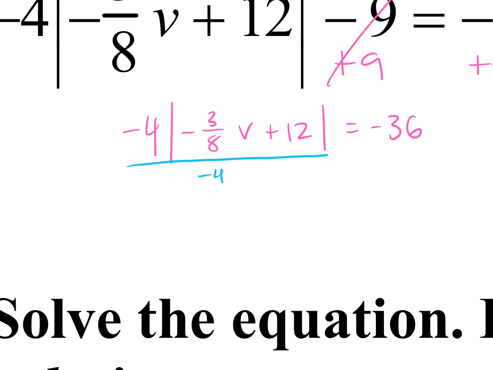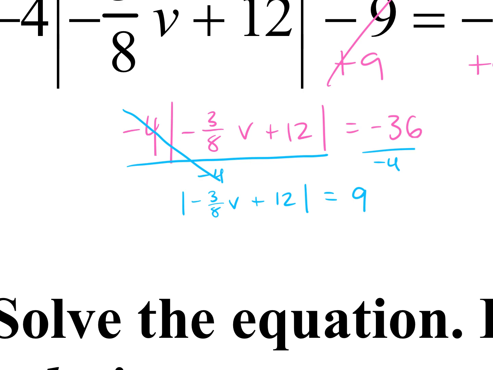Divide everything by negative 4. So when I divide the left side by negative 4, it just crosses out with that negative 4 out front. So now I have the absolute value of negative 3 over 8v plus 12 is equal to negative 36 divided by negative 4, which is positive 9.